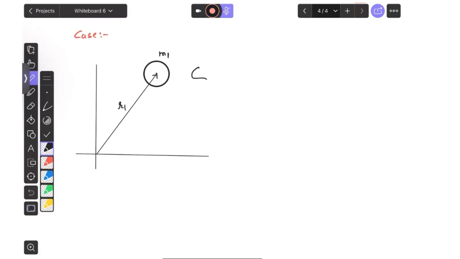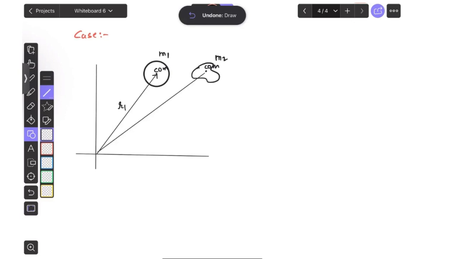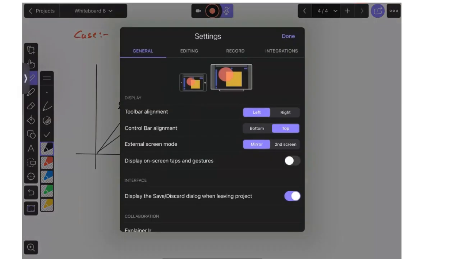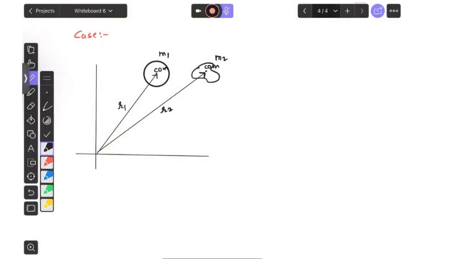Then there's another chunk of mass, some arbitrary mass M2, and we know where the center of mass of M2 is, suppose it is at R2. Next, I have one more mass, M3, and its center of mass position we also know.